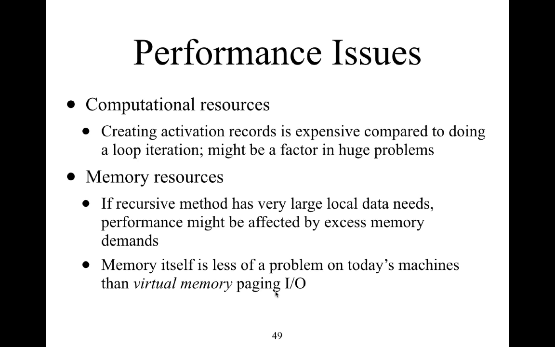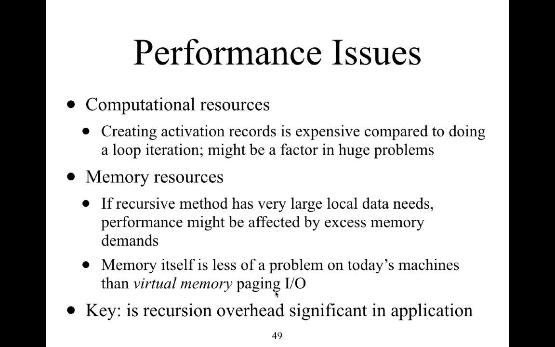So memory typically isn't as big a deal, but it could be. And the key is, does the recursion you choose to do really have a significant impact on the application? If you're recursing a few times over huge amounts of data, it's just not going to matter. If you have huge amounts of data and you recurse on every single one, then it could matter.